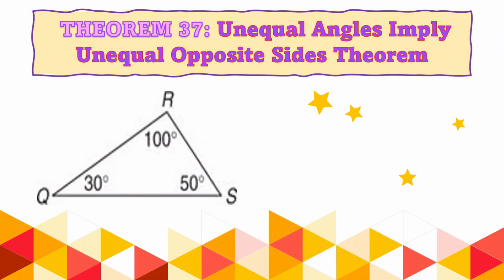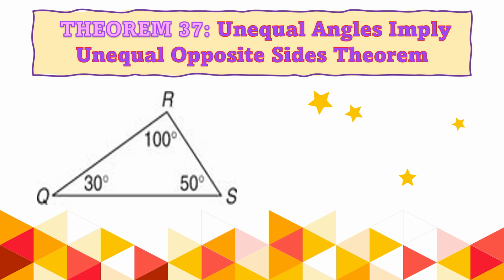So for Theorem 37, we have triangle QRS. We have noticed that all interior angles have unequal measures. So we can say that the sides opposite these interior angles also have unequal measurements.